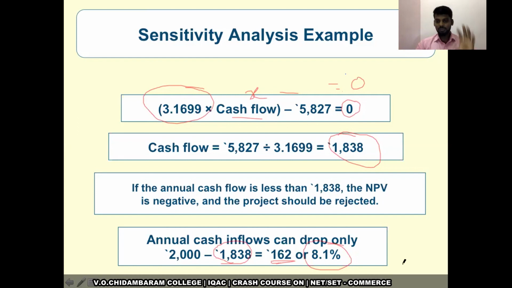In terms of monetary value, it can drop until 162 rupees. If it drops more than that, for example, if it drops 200 rupees, I'm sure that particular year you're going to suffer a loss. This is what sensitivity analysis means. It is an extended form of IRR. That's what I would literally say.